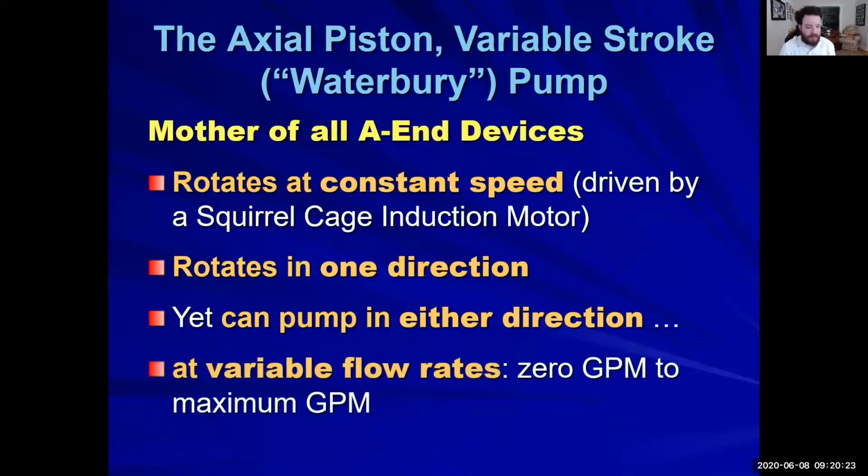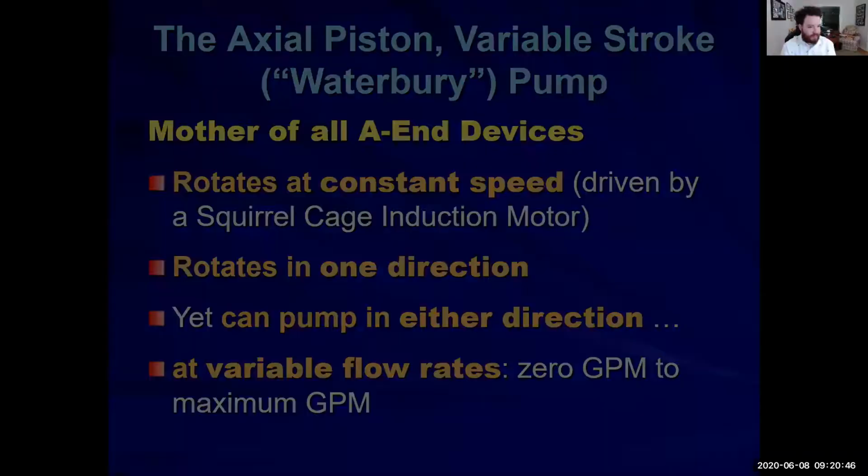And it can do variable flow rates. And all of this is done at that constant speed. So we're not going to be changing the speed of the pump to get a different flow rate. We're not going to slow down the pump and then speed it back up to pump in a different direction. It's just going to be constantly spinning in one direction, and we're going to get all of these things out of it.